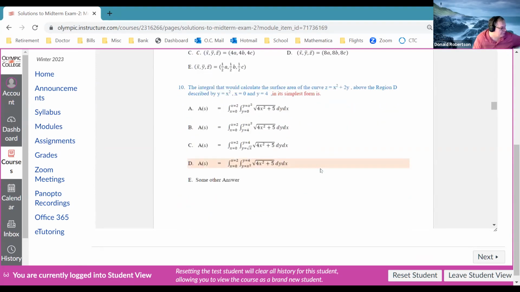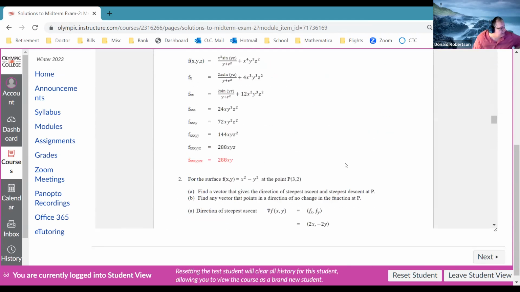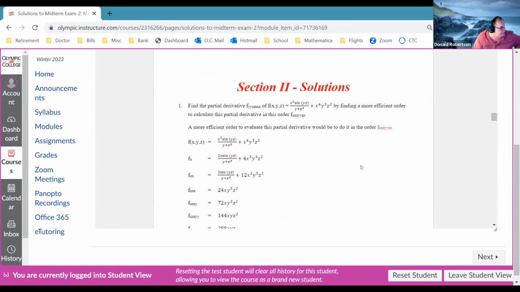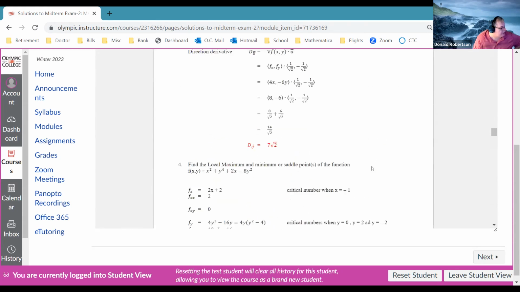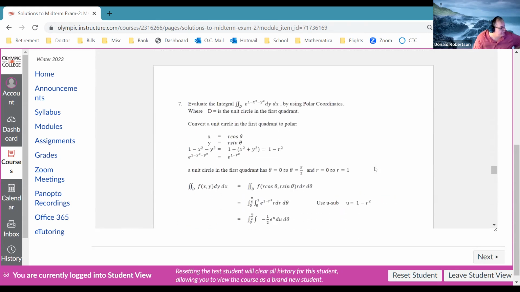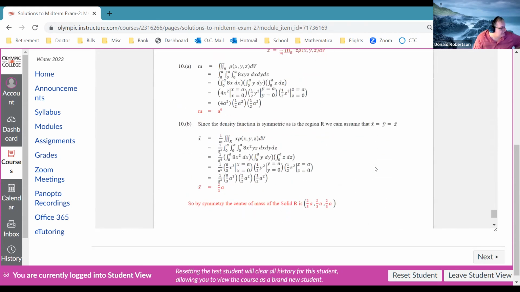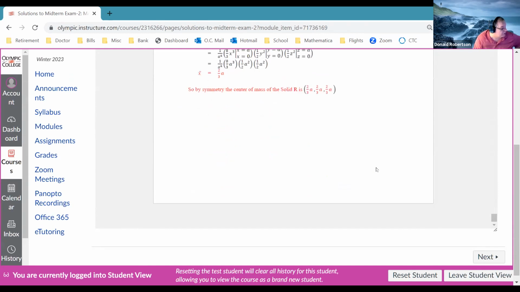If any of those don't make sense to you, then you can wait at the end of Wednesday, whatever day you want, and we can go over them. And here is the solutions to section 2 with the working that belongs with them. So hopefully you can look at your answers if you got them wrong at least and figure out why you got what you got wrong.